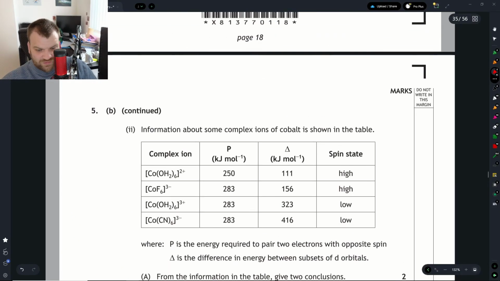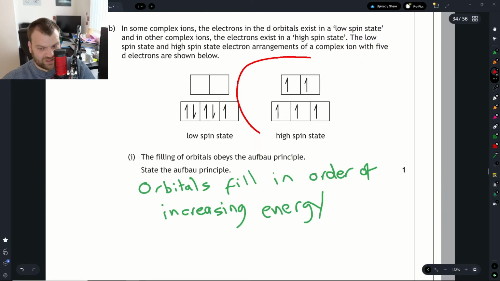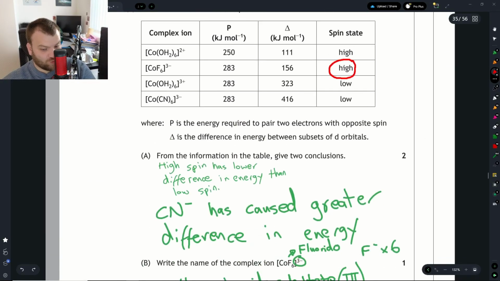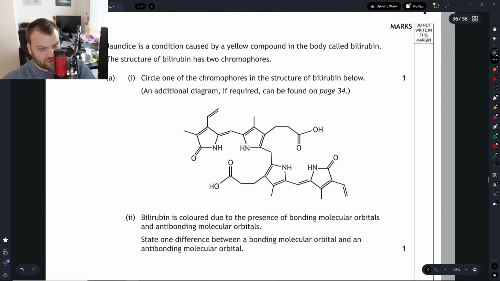If we go up to the top here, it tells us it's in a high spin state, which means we are filling all the boxes with 1 electron first before we double up, whereas in the lower one, we'd fill up the bottom row first of all. We have 6 to deal with. We'd still go 1 in here, 1 here, 1 here, then 1 here, 1 here, and then we would start to double up with our 6th electron, giving us our high spin arrangement for this particular complex.